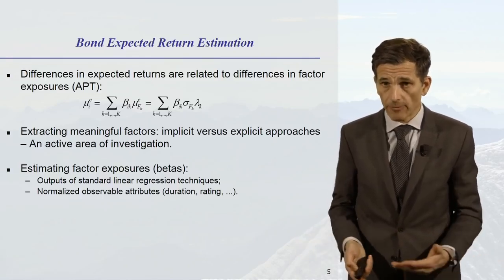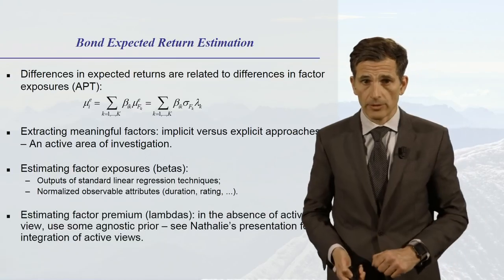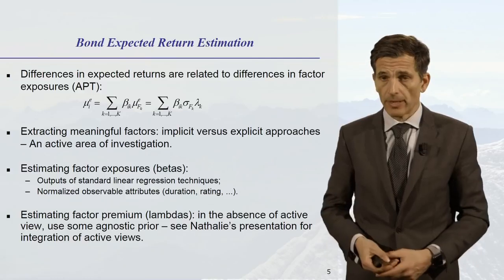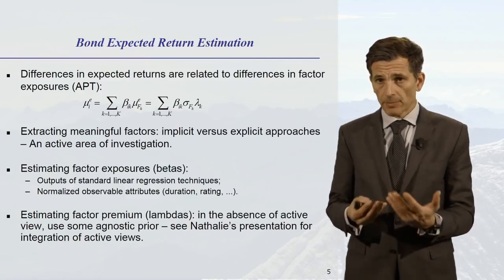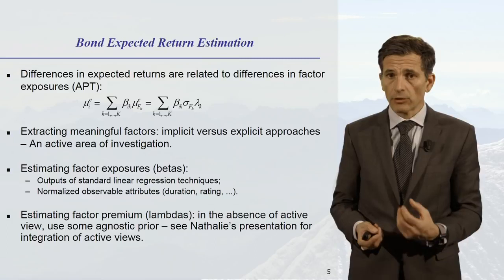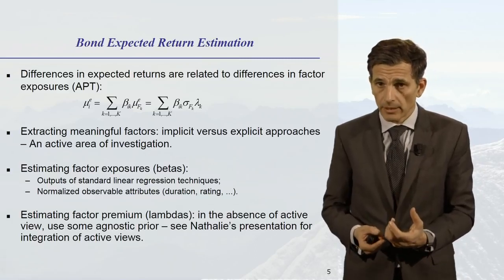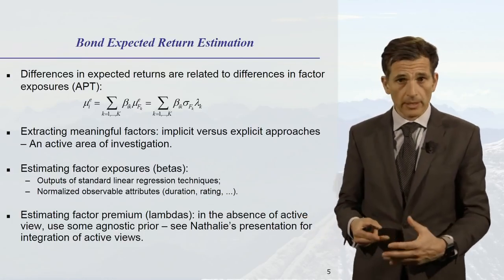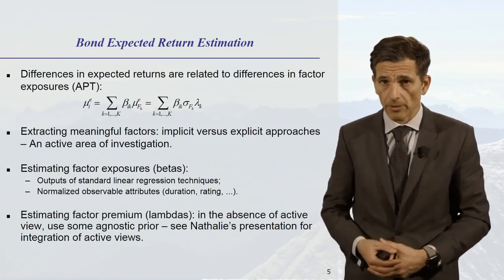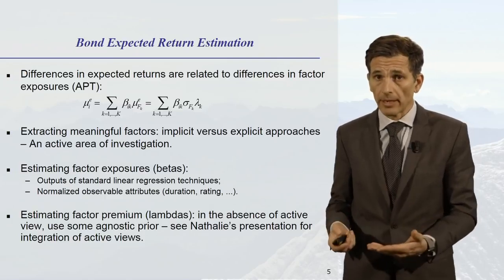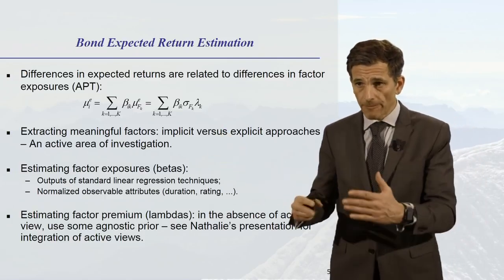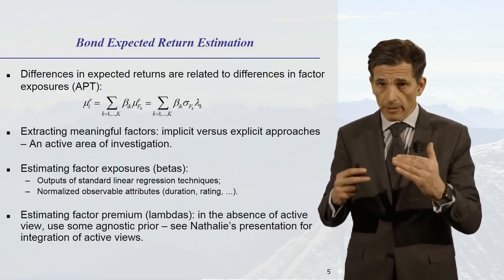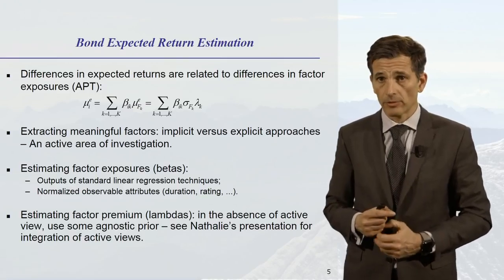So what do we do then if we cannot rely on sample-based information? Well, one way to think about it is that sample-based information is not useful. In the spirit of Bayesian analysis, I'm going to be using a prior. And a prior is something that I think I know about these expected returns, beyond the information from the sample. So for example, if I use an agnostic prior, I'm going to come up with the assumption that the 3 factors that I'm talking about, say the level, the slope, and the curvature of the yield curve, have the same reward per unit of risk.